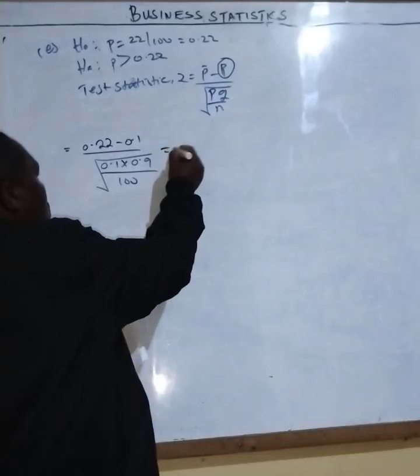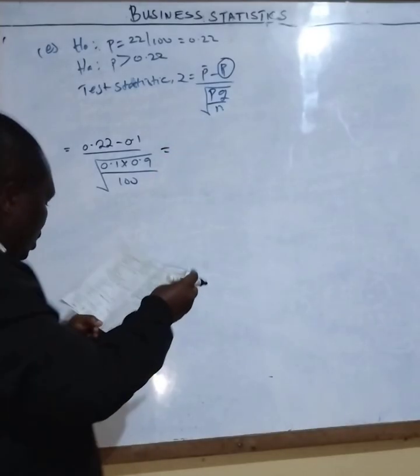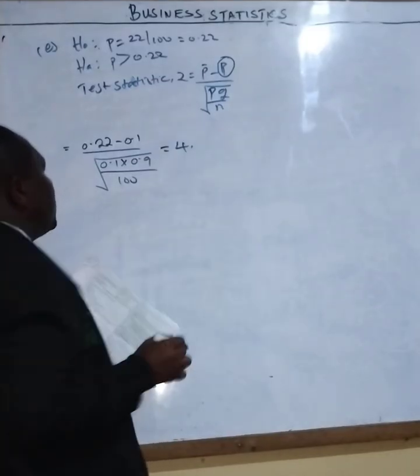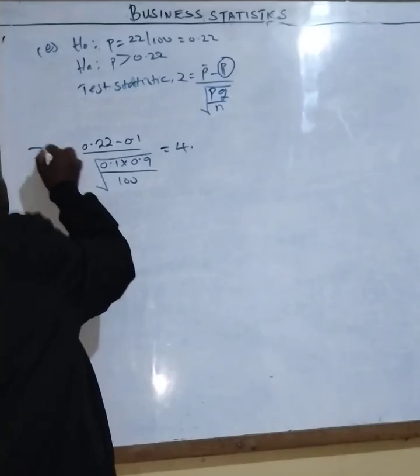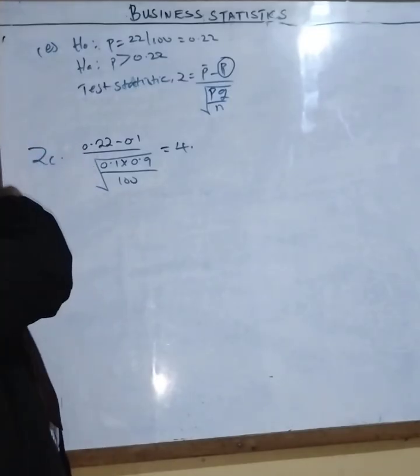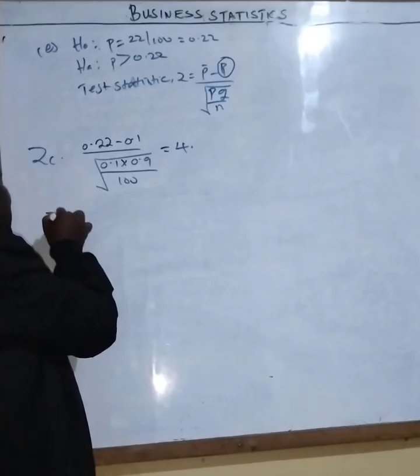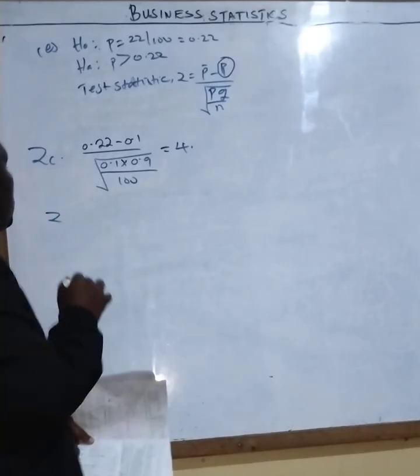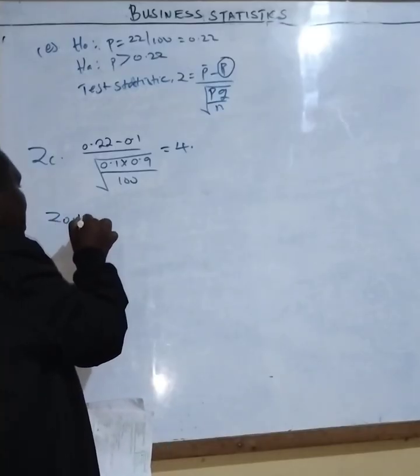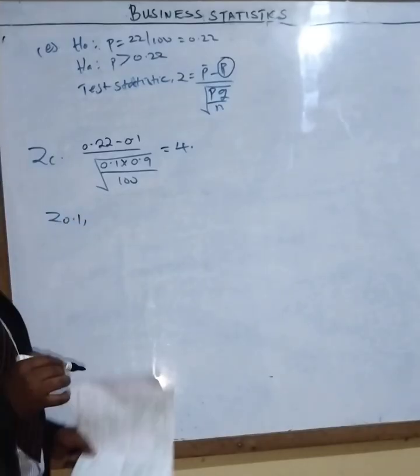When you work out this one using your calculator, class, the answer you get is 4. Remember what we have done here? This is what we call Z calculated. What about Z itself? You read it from the table. Here we have been told it is 0.1. So 0.1, read this from the table.